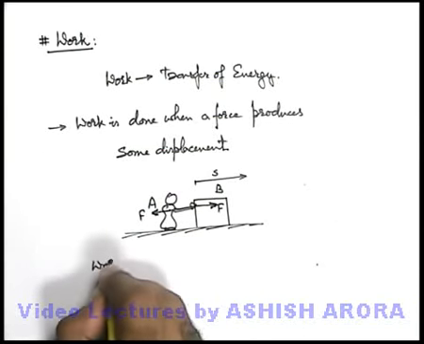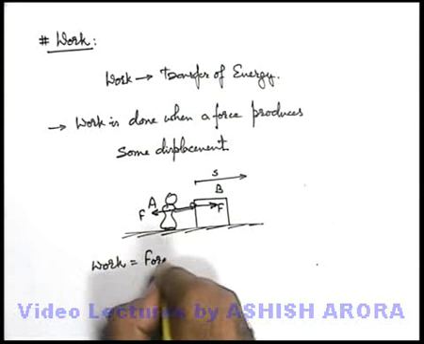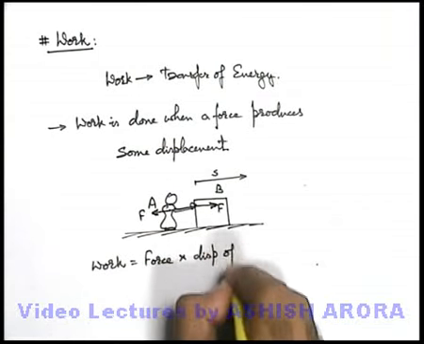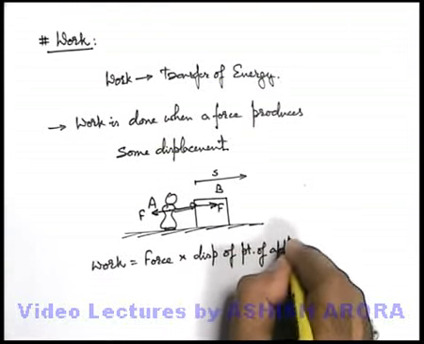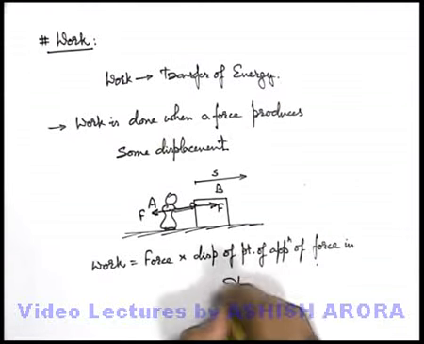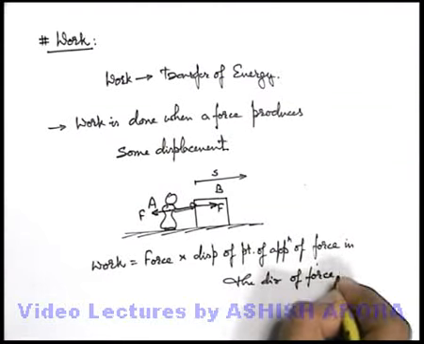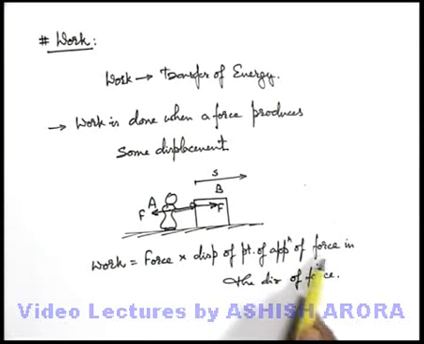Work is equal to the magnitude of force multiplied by the displacement of the point of application of force in the direction of force. This is very important to understand: work is calculated by the product of the magnitude of force and the displacement of the point of application of force in the direction of force.